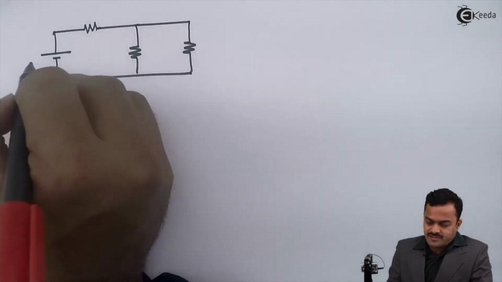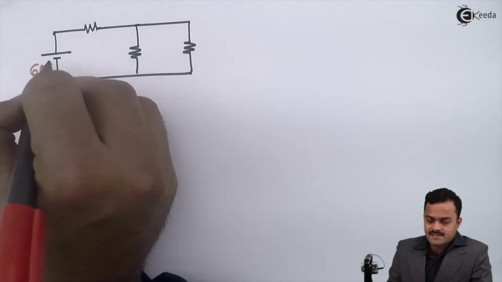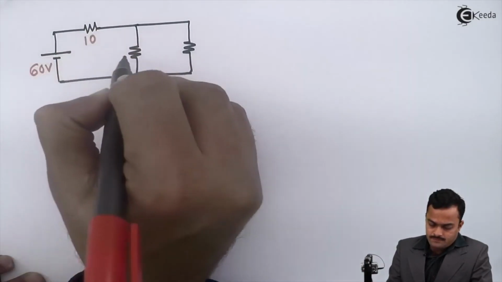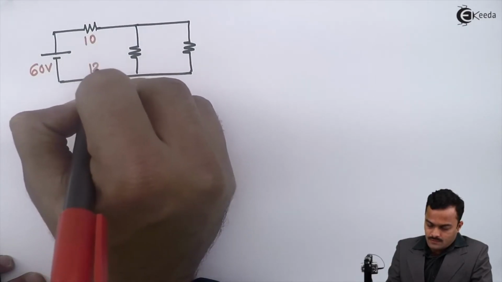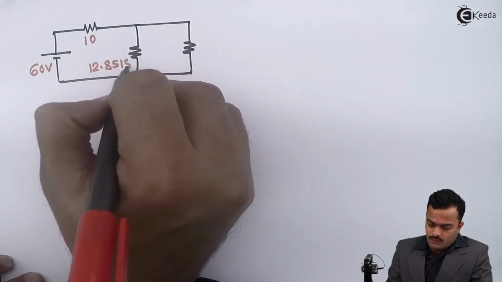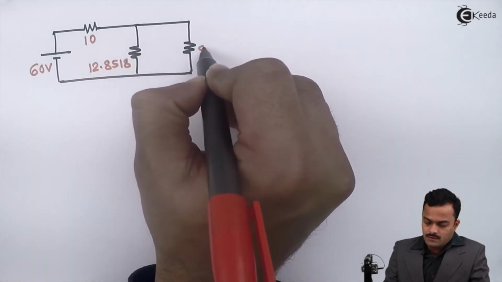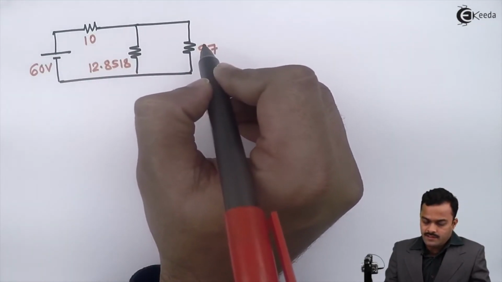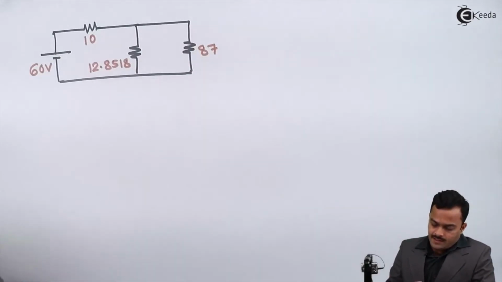I am having a battery of 60 volt as it is, 10 ohm, 12.8518, and here it is 87.